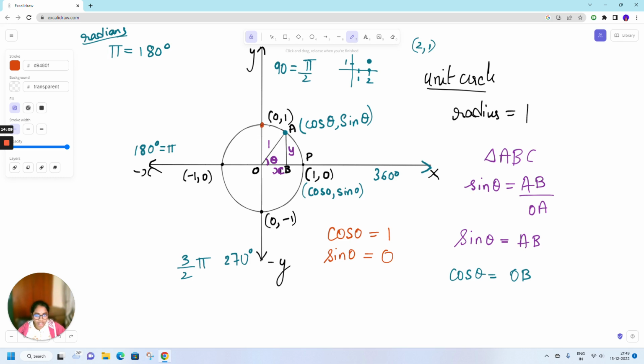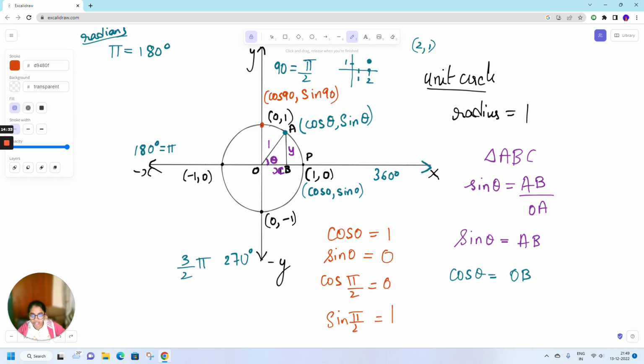Moving on, let me observe 90 degree. Here you would get the coordinate points cos 90, sin 90. The value of cos 90, or cos pi by 2, is 0, and sin pi by 2 is 1.